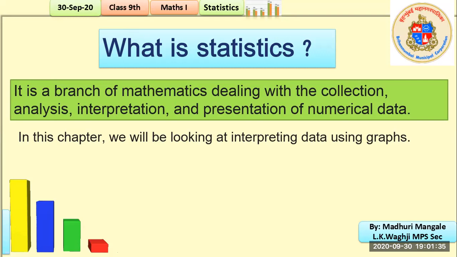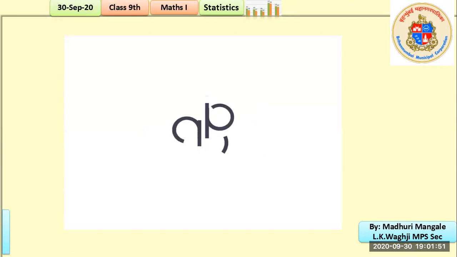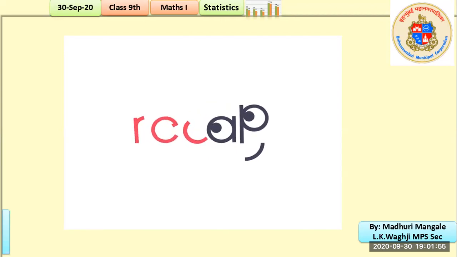Before we begin with that, let us recap what we have done so far in previous classes. We have learned how to draw a simple bar diagram and also a joint bar diagram.